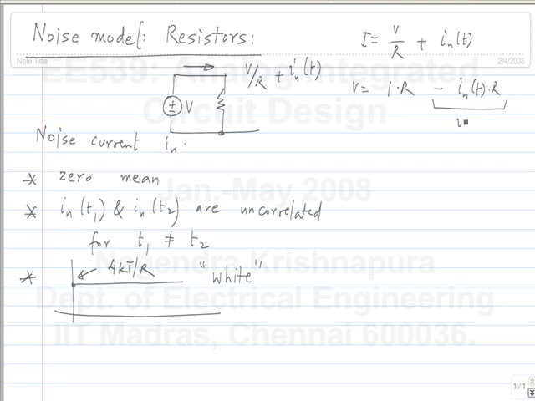And this entire thing is represented as a noise voltage. And it's simply proportional to In, so it shares all the properties that we listed here for In. So Vn also has a zero mean, and values of Vn for any two different times are uncorrelated.